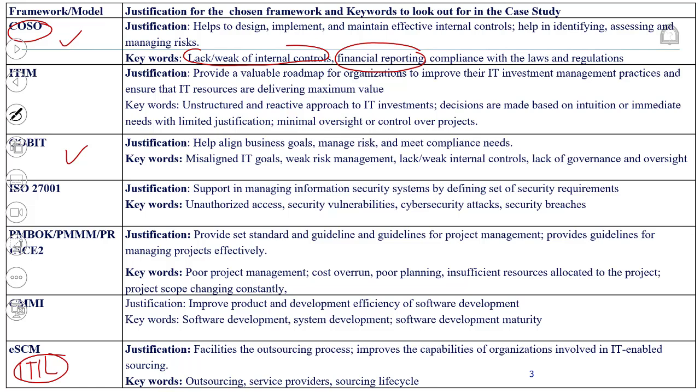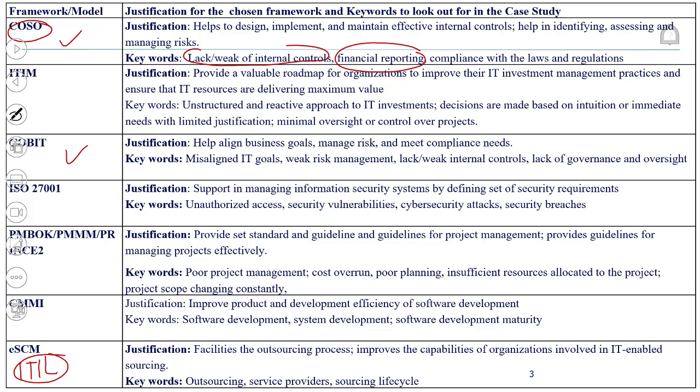If you're asked to justify your choice, most often it is that it helps in designing, implementing, and maintaining effective internal controls. COSO has processes that can help you implement your internal controls. I'm not going to go through those processes because we don't have that much time, but that is one way you could look at it.